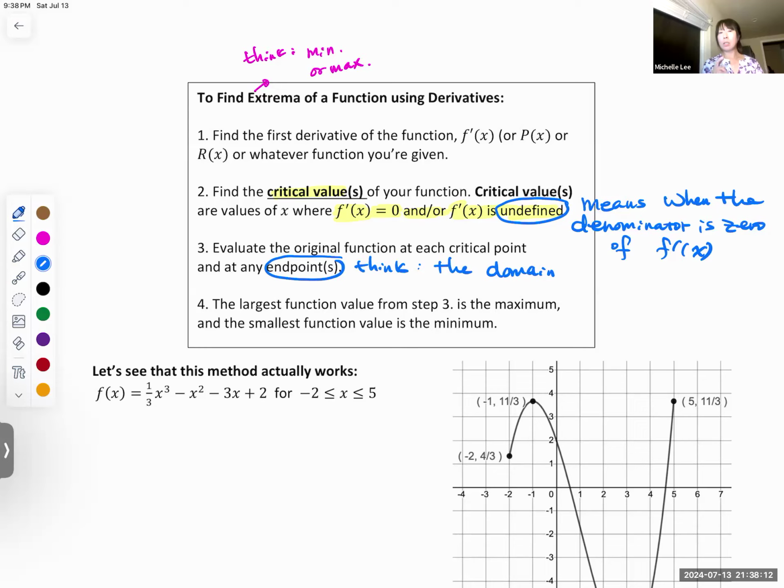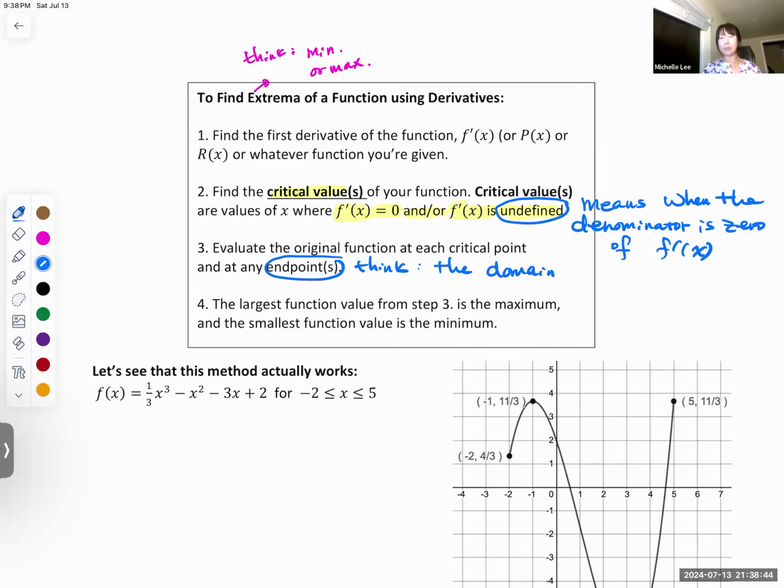We set the derivative equal to 0 or f prime is undefined. All right? Now, the last one, how do we conclude the extrema? We find the largest value and smallest value, which will be maximum and minimum respectively. Okay? All right, let's do this one.